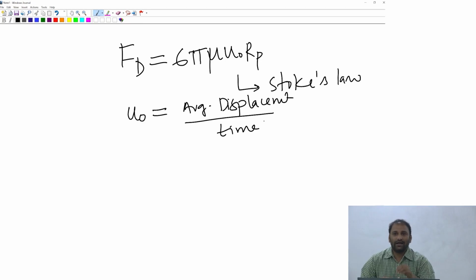Now that I know there's a particle that is moving and there's a drag force, I want to calculate the energy that is required to move the particle. So how do I calculate that?